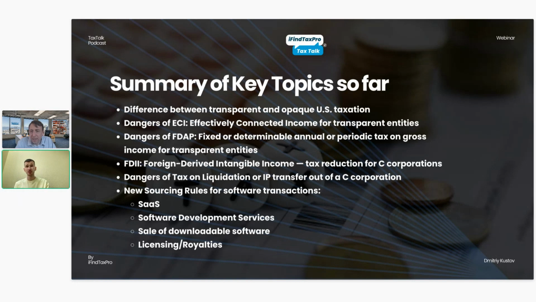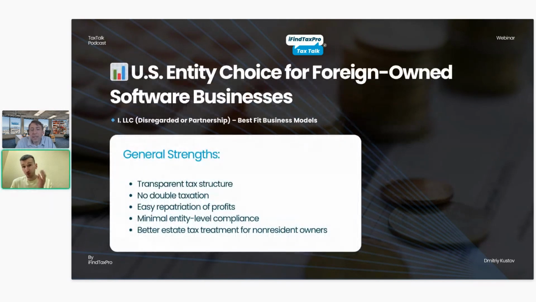I'm sure that we can develop this topic at the next meeting, because now we're coming closer to the things that are actually important for the setup of your business. The next slide you just opened was how to choose a jurisdiction and how to operate it, most probably for a foreign-owned software business. I love it, and it will be great to go deep into this topic.